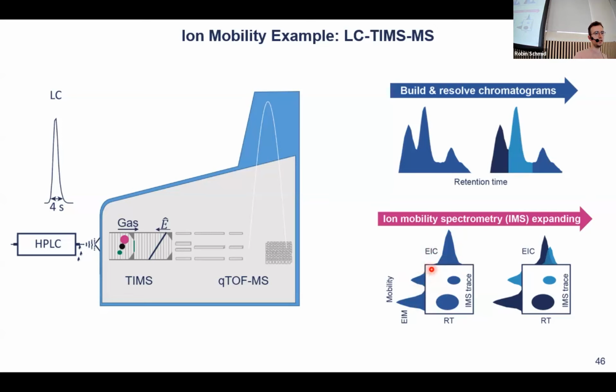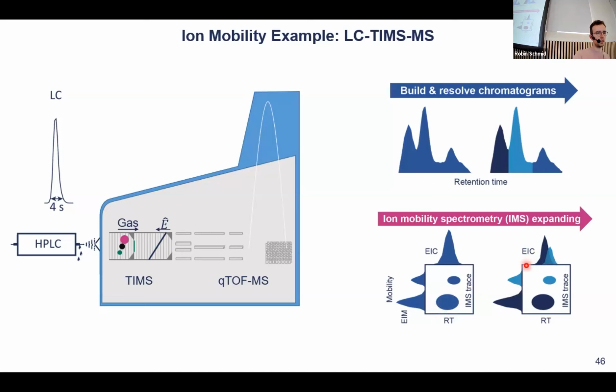So the mobility separation is able to separate these two compounds where the LC was not able to separate them. I'm not saying that it works 100% of the time, but it can give you some more information if your bioactive compound consists of 2 isomers or more.